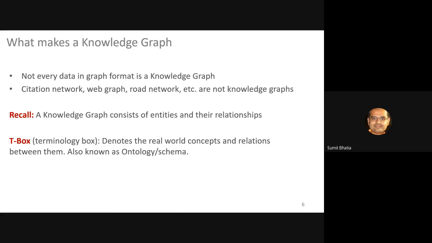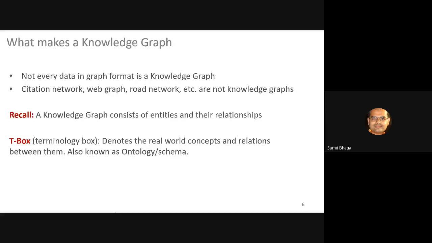So that you could have relationships like Professor X is supervisor of student Y. Here the T box is defining that the supervisor relationship can only be between a professor and a research scholar. It cannot be a relationship between, let's say, an undergraduate student and a professor, right? So an undergraduate student cannot be the PhD supervisor of a professor.